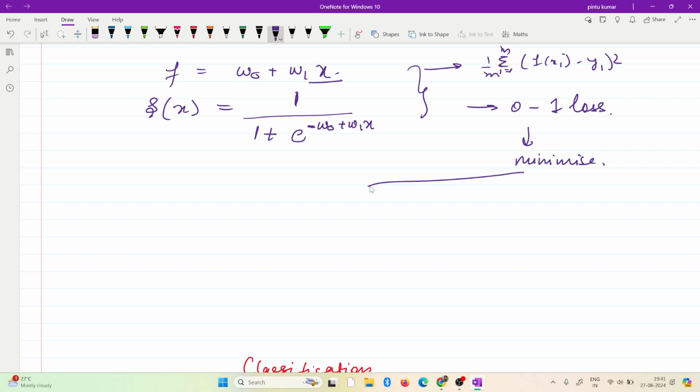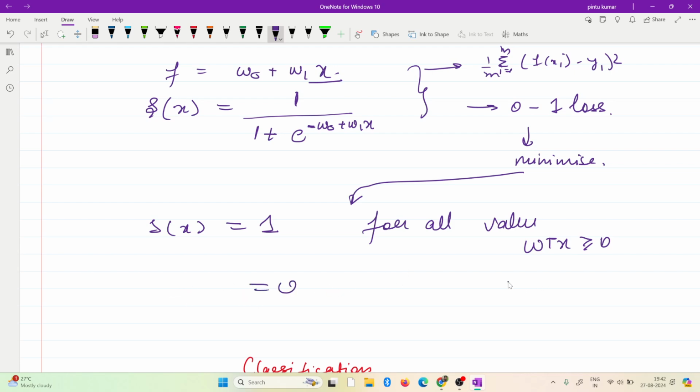So when you minimize this loss, what happens is s of x gives you 1 for all x such that w transpose x is greater than or equal to 0. Okay. And it gives you 0 for all x such that w transpose x is less than or equal to 0. Now, what does this condition mean?